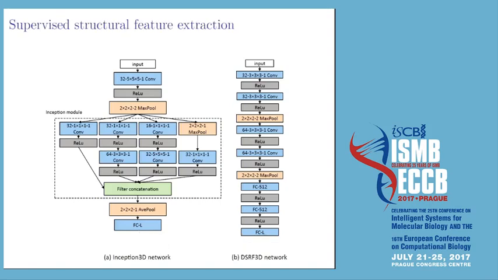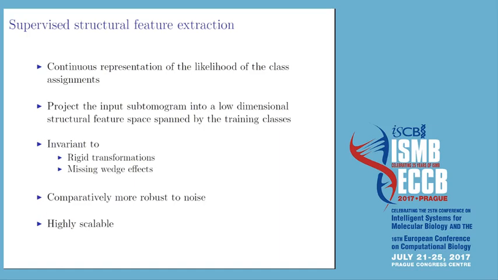Once these classifiers are trained, we remove the last softmax activation layer to obtain a more continuous representation of the class assignment, which can be treated as a structural feature extraction that projects the input subtomogram into a low-dimensional structural feature space spanned by the training classes. Such structural features are expected to be invariant to rigid transformations and also the missing data effects.